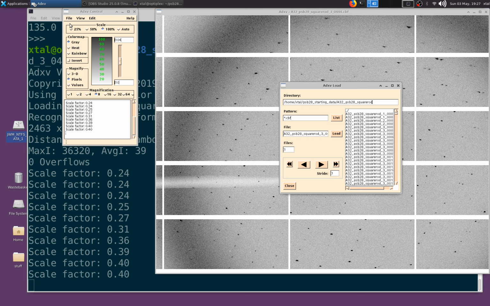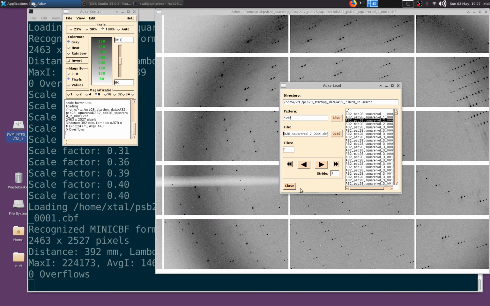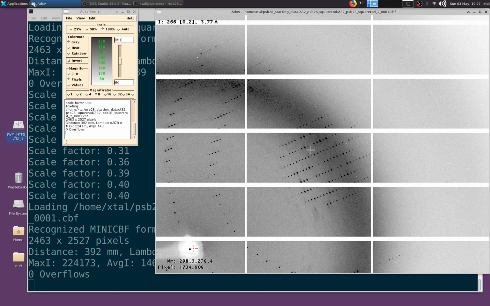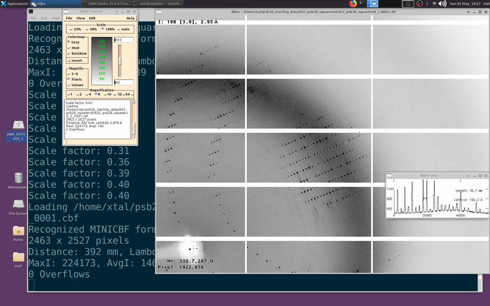So let's look at another image. The original test image has more spots on it because it's a larger rotation. So if I draw a line through these spots that are close together, which means they correspond to a large unit cell. That's a unit cell of about 180 angstroms.